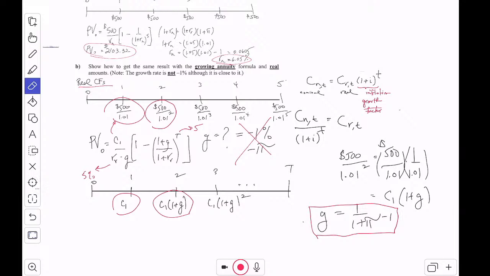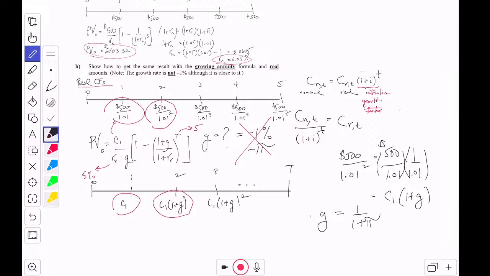Let me make it even more clear, that this is minus 1, because it was 1 plus G. So if you solve that, you'll find G. So let's do that. This is 1 over 1.01 minus 1 is G. And what do you get?